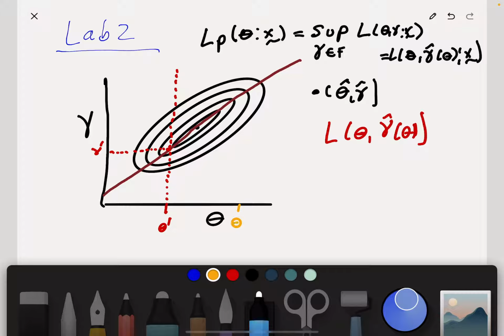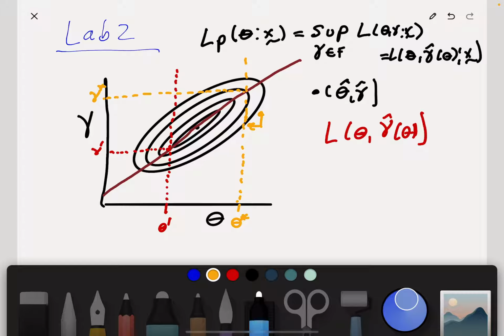let's say here's theta star. Now I need the best gamma. This gamma here doesn't do the trick because there's a better gamma; you're climbing up the likelihood as you go up this way. I'm going to put this here, and this is going to be gamma star.